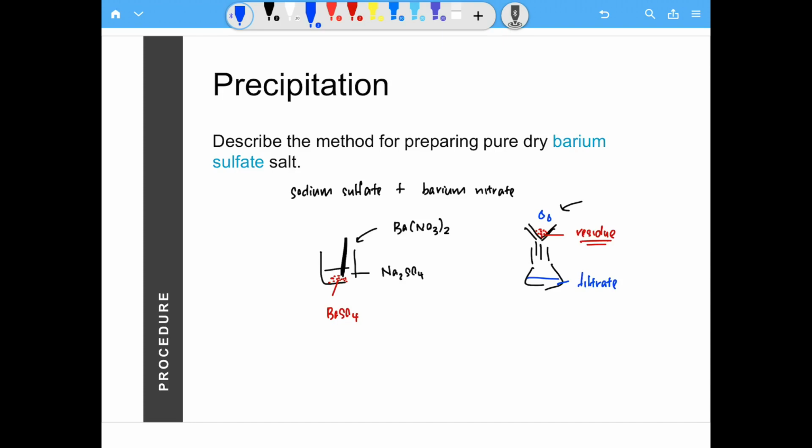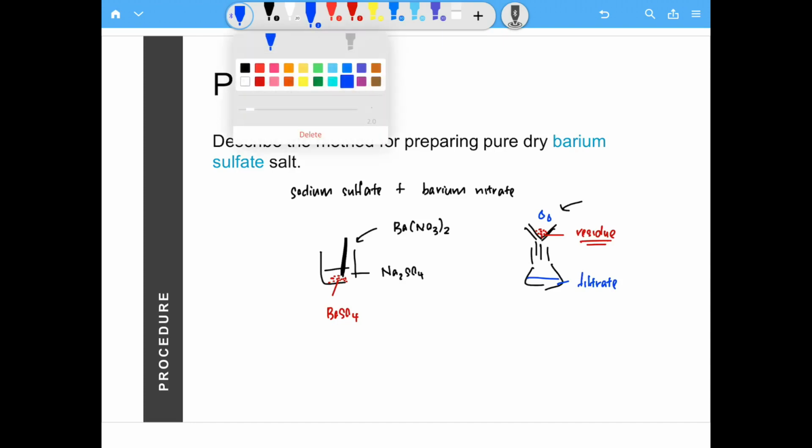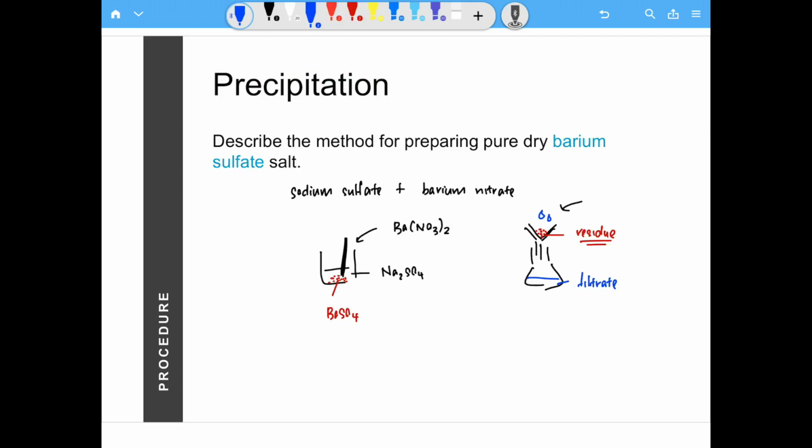The other way is to use cold water, because we have learned that solubility increases with temperature. When you use hot water, you can dissolve more of a salt than when you use cold water. So when we are washing the salt, we need to use a little, and we need to use cold distilled water. Once we have washed, the residue is now pure, free of contaminants.